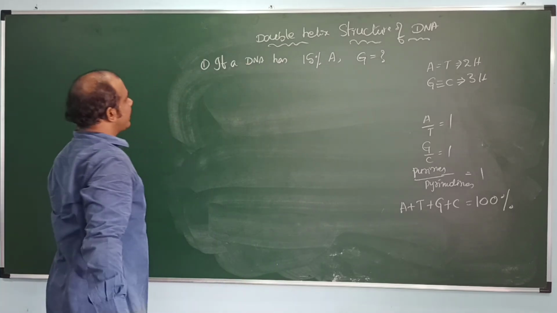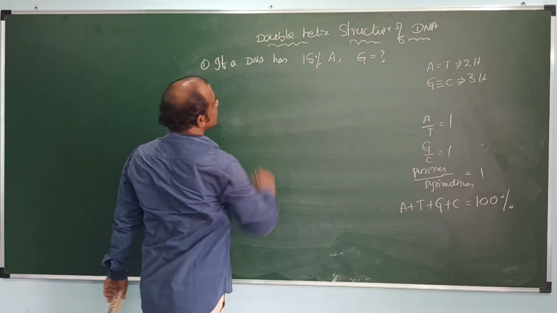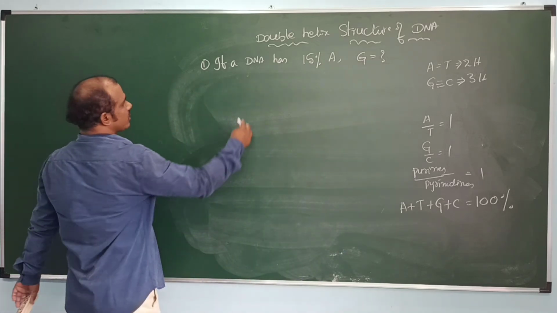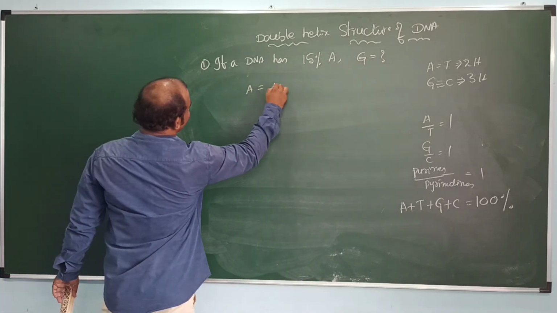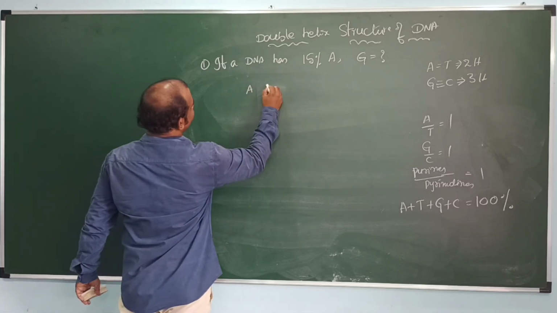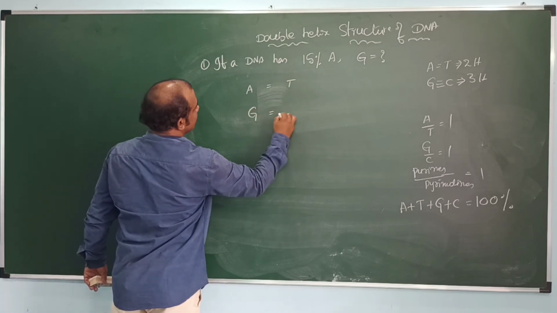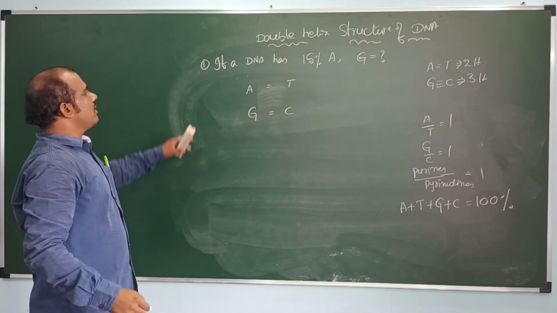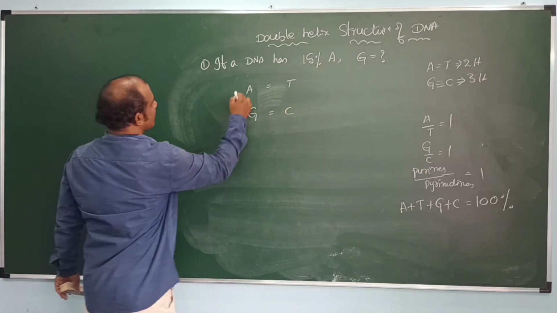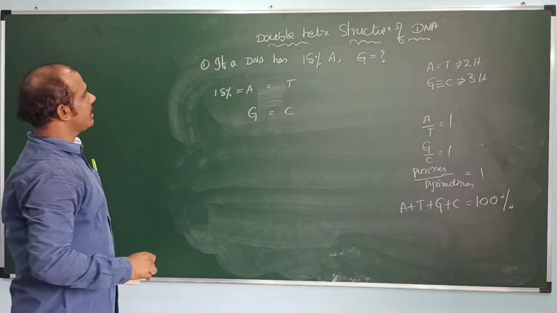Let us solve this problem. If a DNA has 15% adenine, then find out the G. According to Chargaff's rule, A is always equal to T, and G is also always equal to C. As given, the percentage of A is 15%.